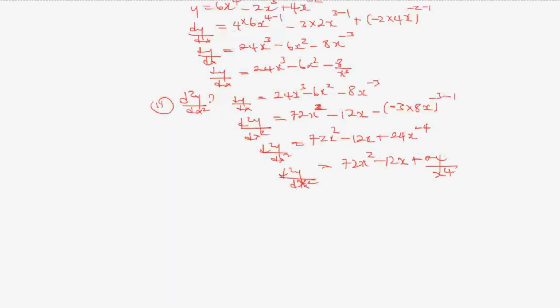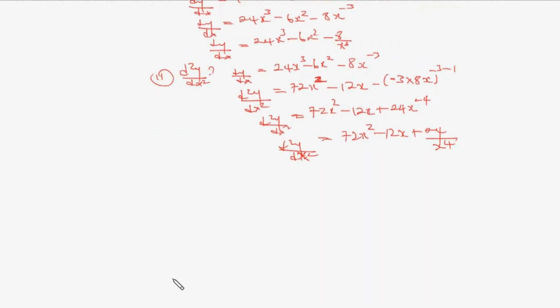So let's solve for the third derivative, d cubed y over dx cubed. We differentiate again this. Let's take d squared y over dx squared is equal to 72x raised to the power 2 minus 12x plus 24x raised to the power minus 4.